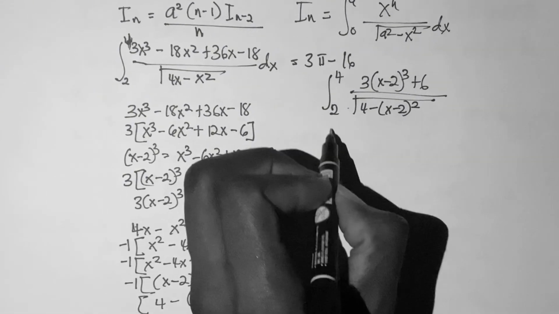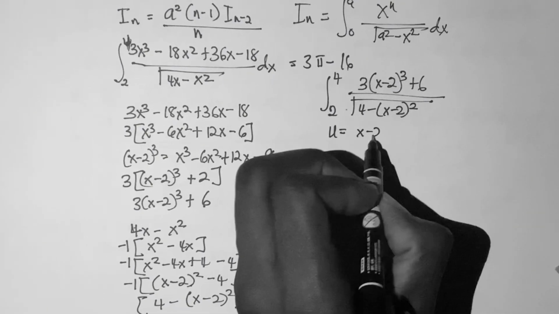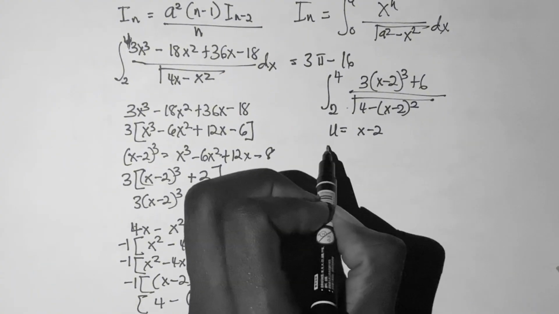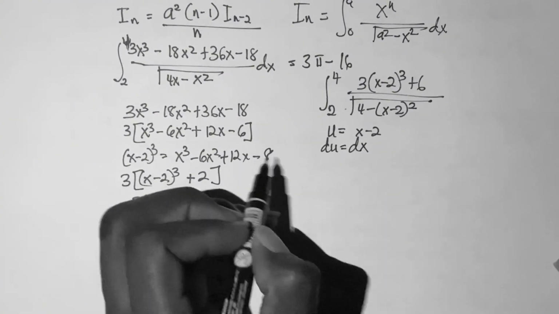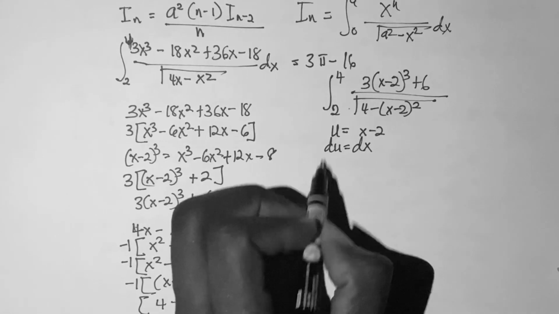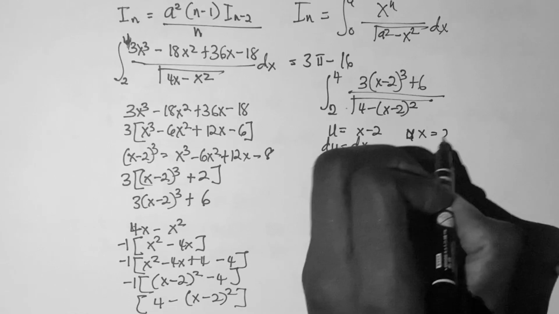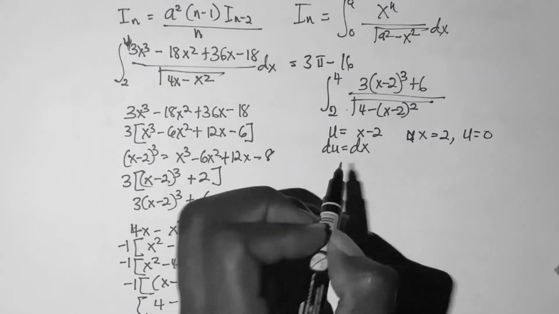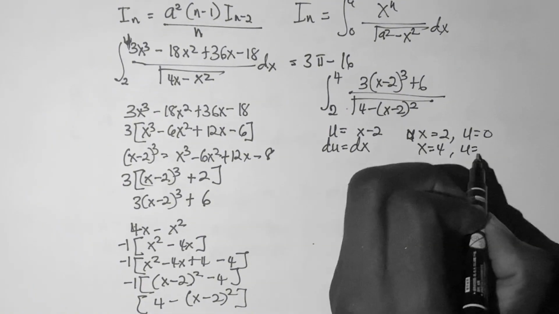Now let u be equal to x minus 2. It implies that du is equal to dx. When x is equal to 2, u is equal to 0, and when x is equal to 4, u is equal to 2.